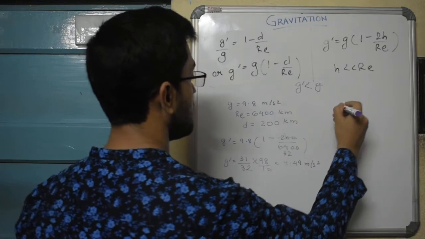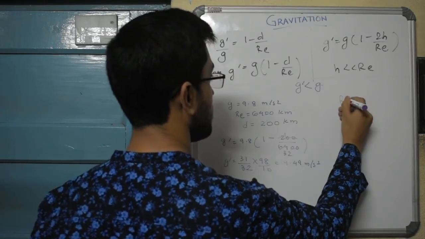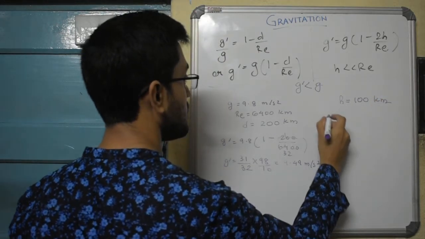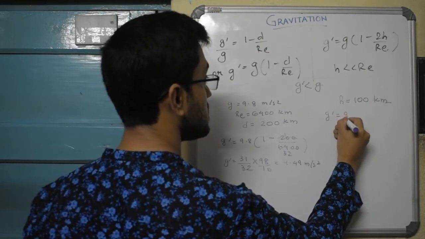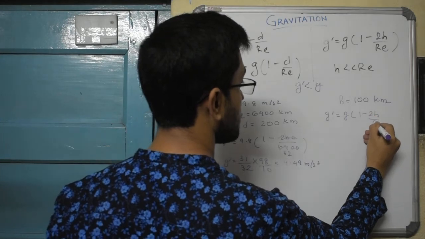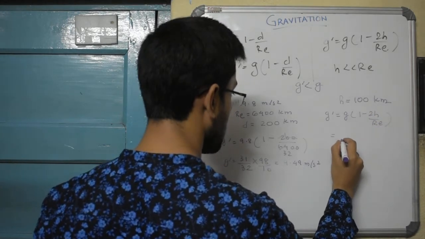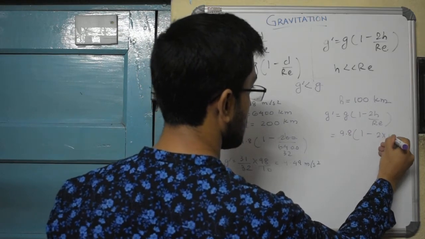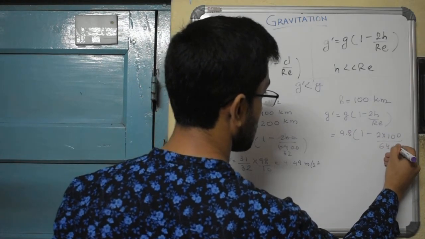Now, let us calculate what will be the value of g when we move up a distance of 100 kilometers. So now g dash will be g times 1 minus 2h by radius of Earth. So that is equal to 9.8 into 1 minus 2 into 100 by 6400.